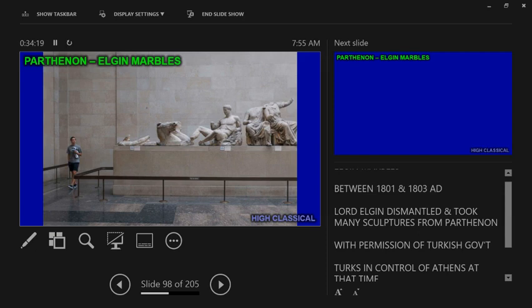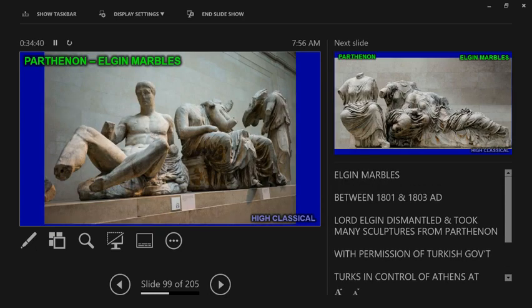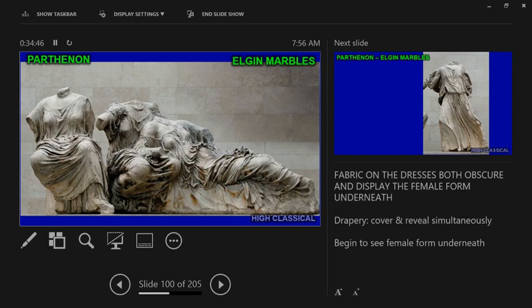Because it's not their land and not their history, the Ottomans don't care. They allowed him to take a lot of these marbles back to England. Then once Greece got its independence from the Ottomans, they wanted all their sculptures back. So there's this ongoing feud between Greece and London about who these sculptures actually belong to.